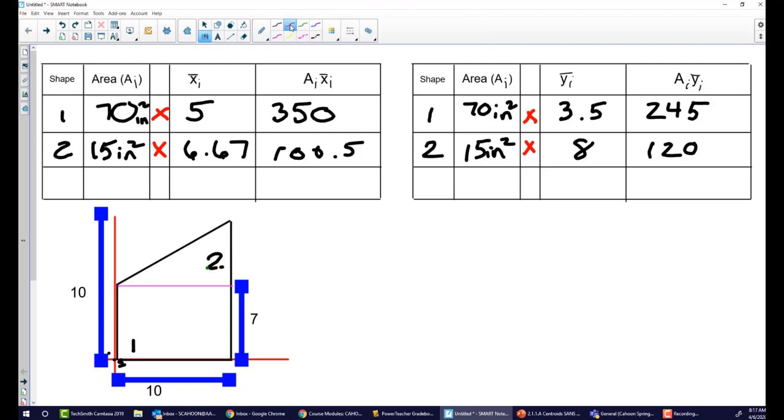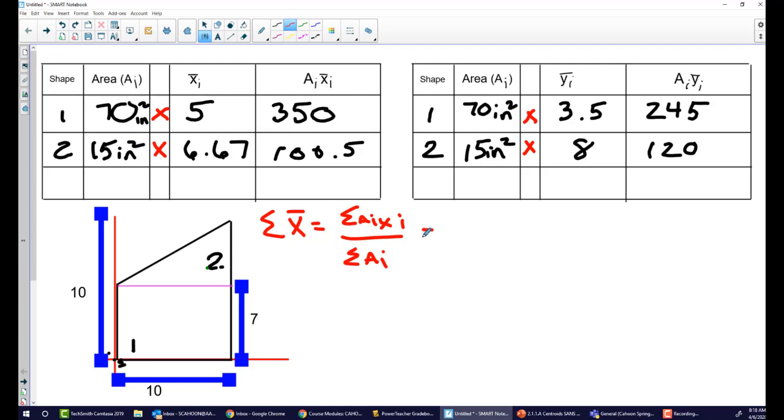The math wasn't really that complicated. To find the new x and the new y, we had an equation that basically said the final x is going to be equal to the sum of these divided by the sum of these.